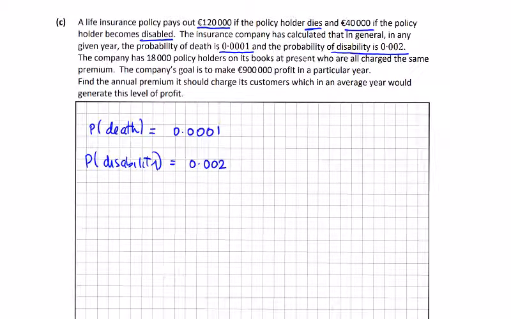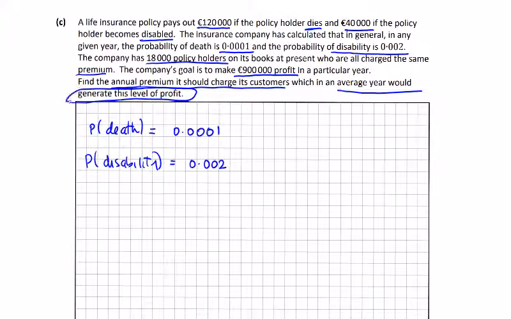The company has 18,000 policyholders who are all charged the same premium. The company's goal is to make 900,000 profit in a particular year. Find the annual premium it should charge its customers, which in an average year would generate this level of profit.